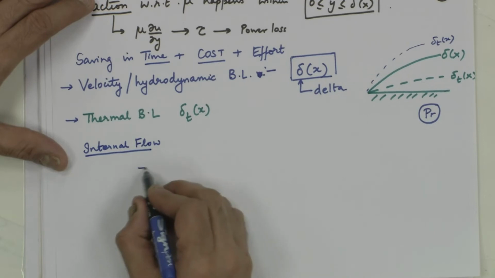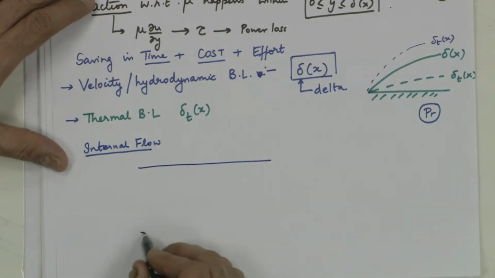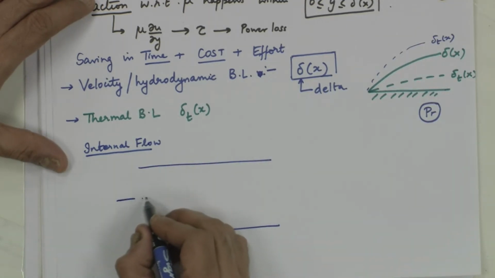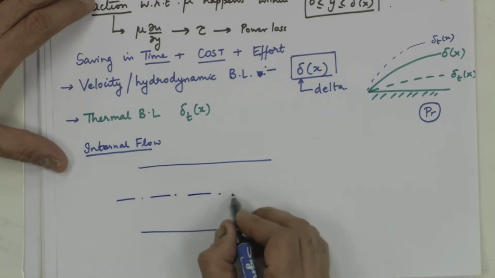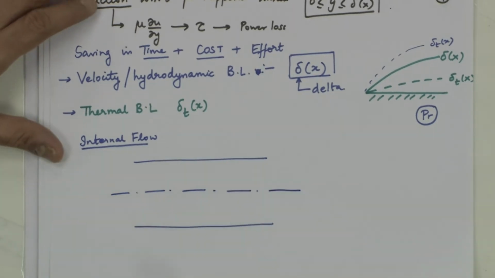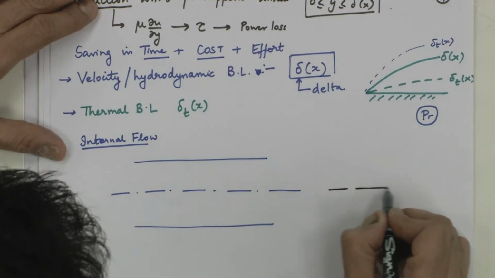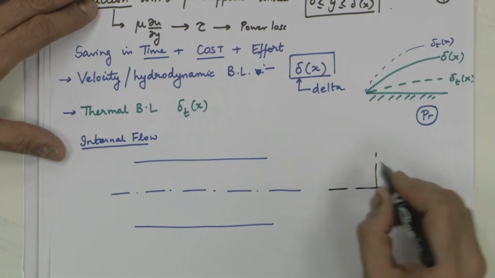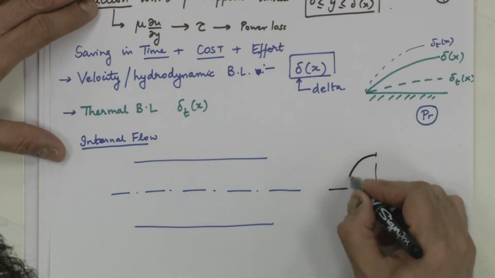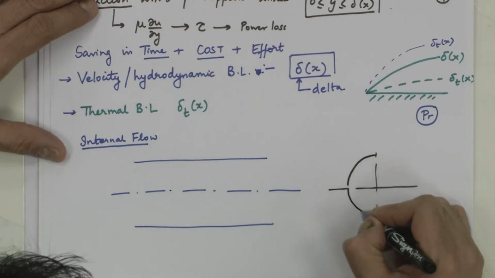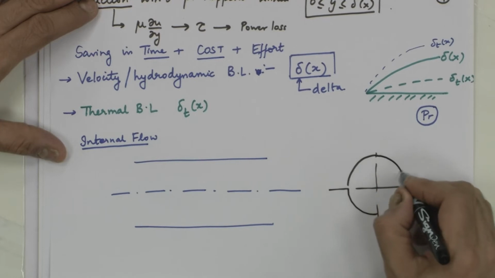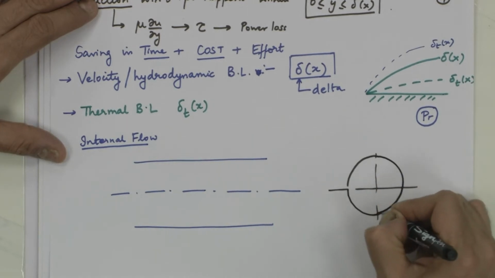That means I will have to draw it like this. Two walls I have to draw. Basically, wall is there everywhere, but to show it here I have to draw two walls. Let me hope my circle comes out correct when I try to draw it. Okay, not so bad.